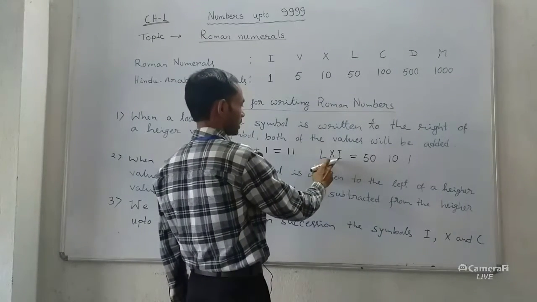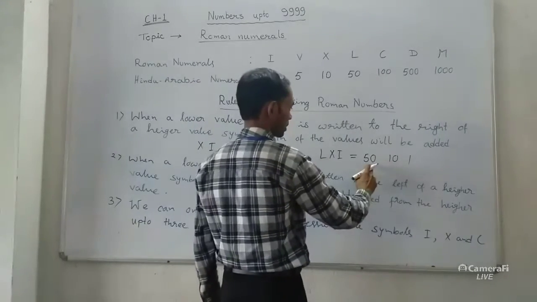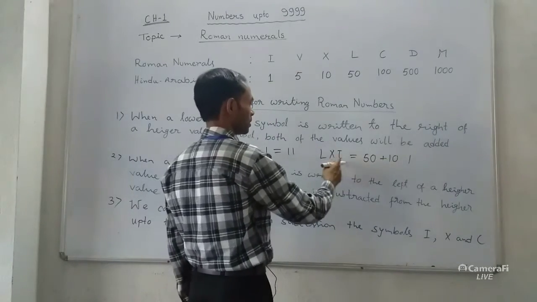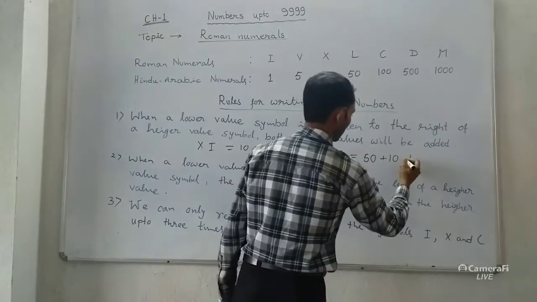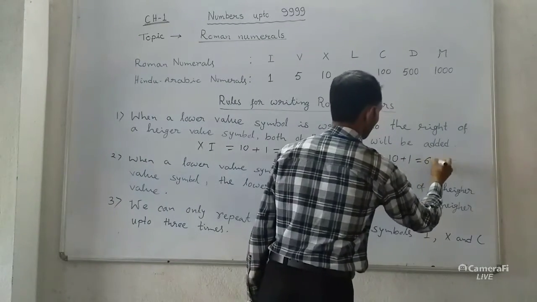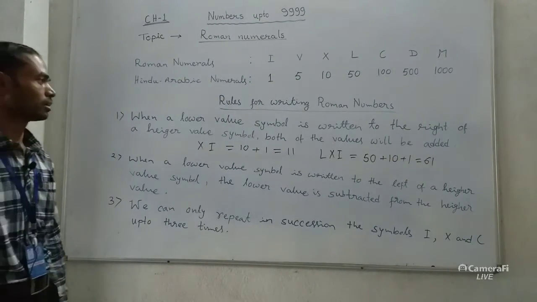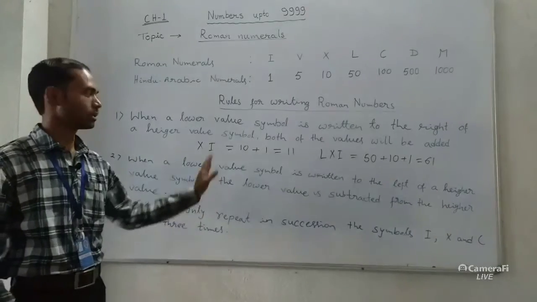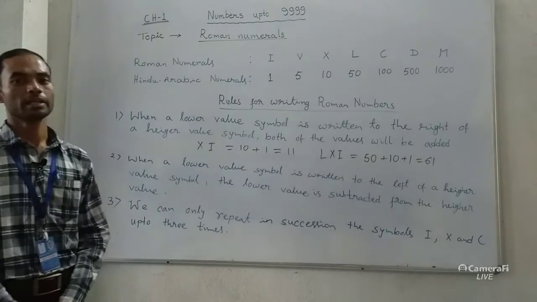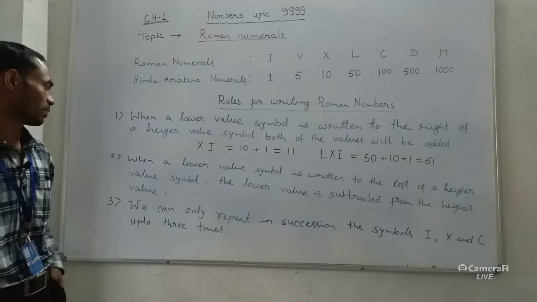L is 50 and X is 10, and 10 is on the right side of 50, the lower value is on the right side of the higher value, so they will be added. And I is again on the right side of 10, the right side of a higher value, so again add, and we get 61. So this explains the first rule: whenever a smaller value symbol is used on the right side of a higher value symbol, the values are added.